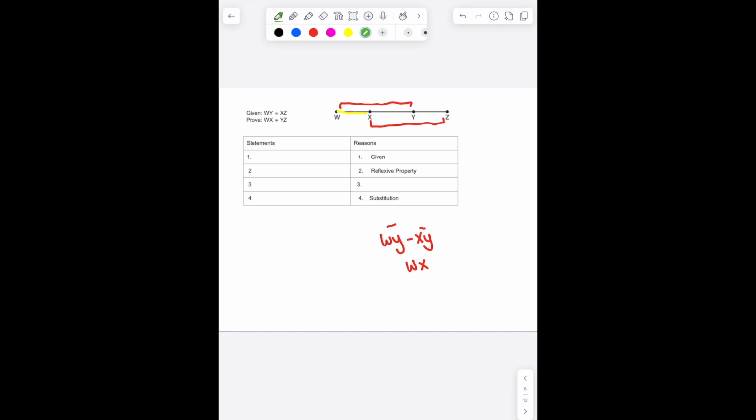And on the other side, I'm starting with XZ. And if I erase this part, XY, then I end up with just YZ.